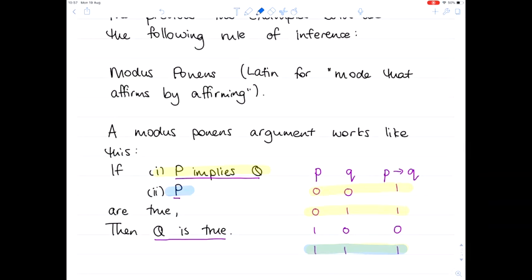And so we can conclude, because we know that we're living in this case over here, since P implies Q is true and P is true, then we can conclude that Q is true. So in terms of a truth table, that's what a direct argument is really doing.